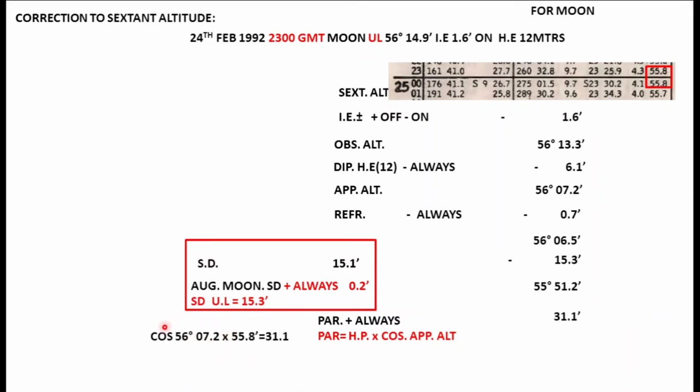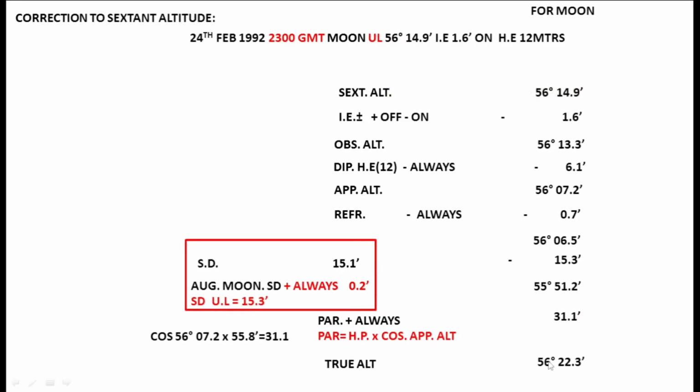With the apparent altitude into HP, I got my parallax 31.1, which again we said is always added, and that is my true altitude. This is how I'll do it if all the individual corrections have to be applied.